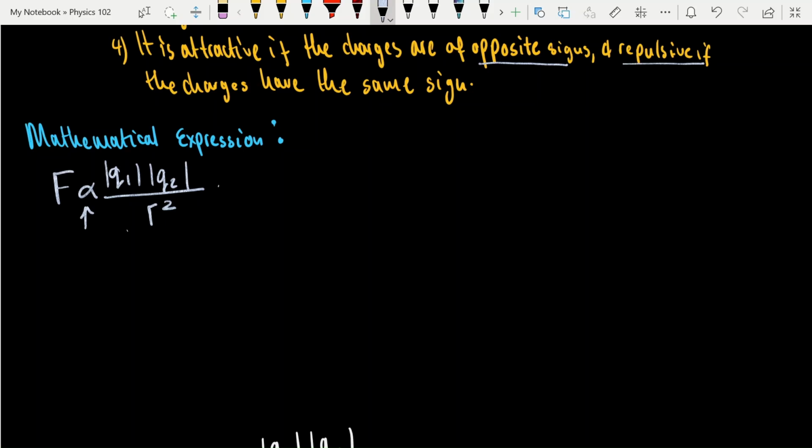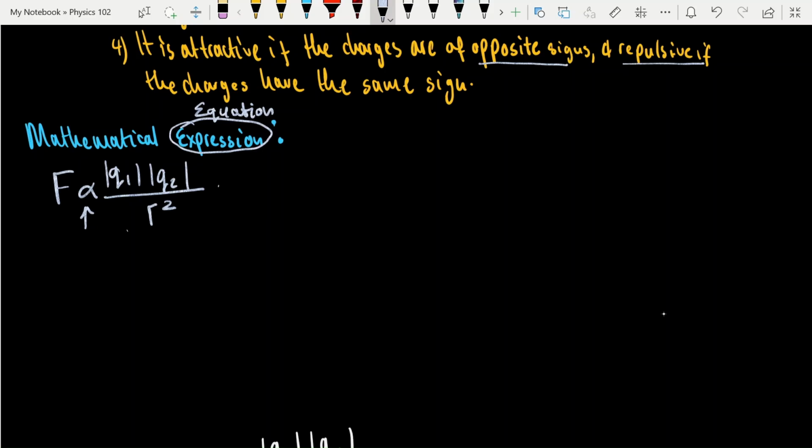We can't use it to find an answer because it's not part of a mathematical equation. So what we are going to have to do, to find the magnitude, is this: I'm sure you've done direct proportion and inverse proportion in high school or wherever. When you want to remove this proportional to sign, what do you do?